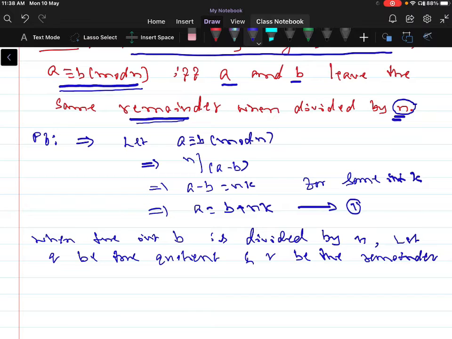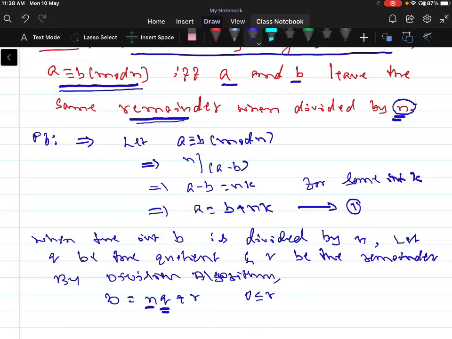Therefore, by the division algorithm, we have b is equal to n into q plus r, where q is the quotient and r is the remainder when the integer b is divided by n, so 0 less than or equal to r less than n. That is equation number 2.